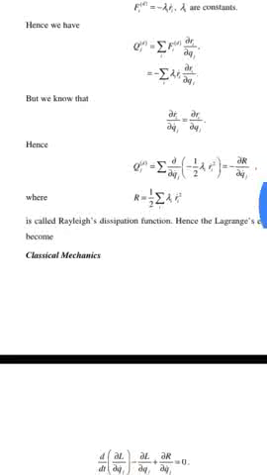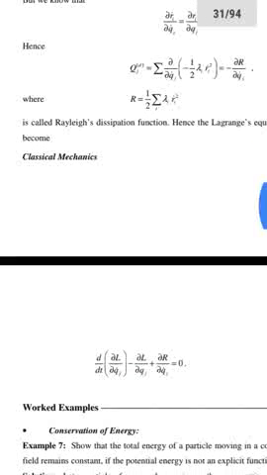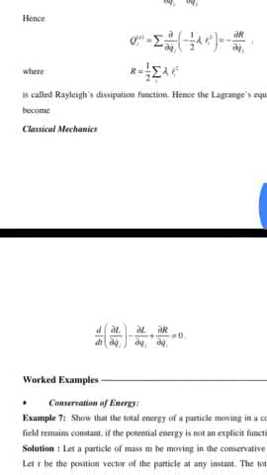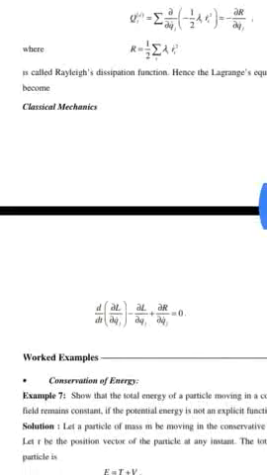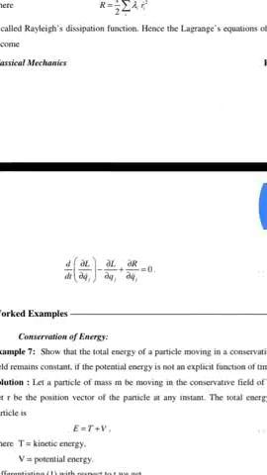But we know that del Ri by del Qj is equal to del Ri dot by del Qj dot, and therefore Qj of d is equal to minus del by del Qj dot of one half lambda Ri dot squared, which is equal to minus del R by del Qj dot, where R is equal to one half the summation of lambda Ri dot squared, is called the Rayleigh dissipation function.